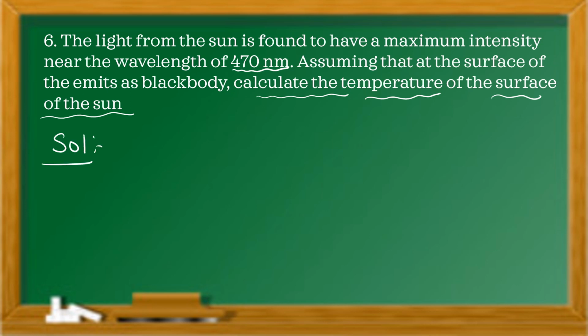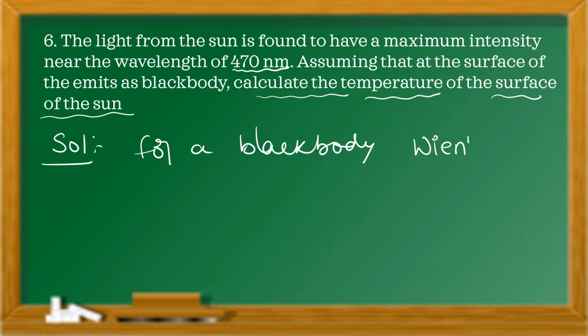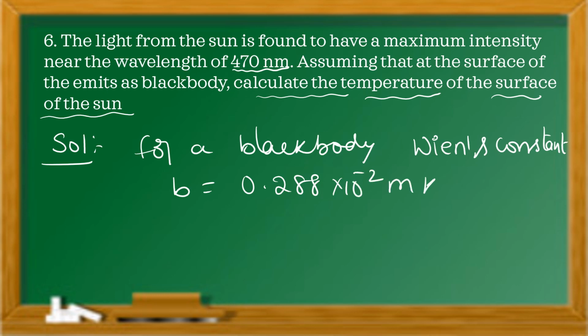Now we will write: for a black body, Wien's constant B is equal to 0.288 × 10 to the power of minus 2 meter Kelvin.